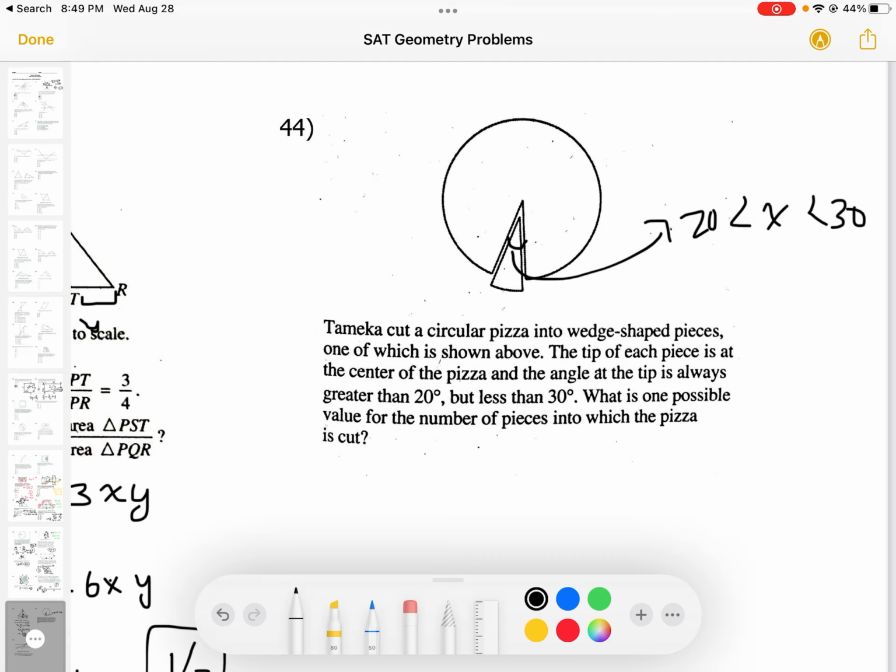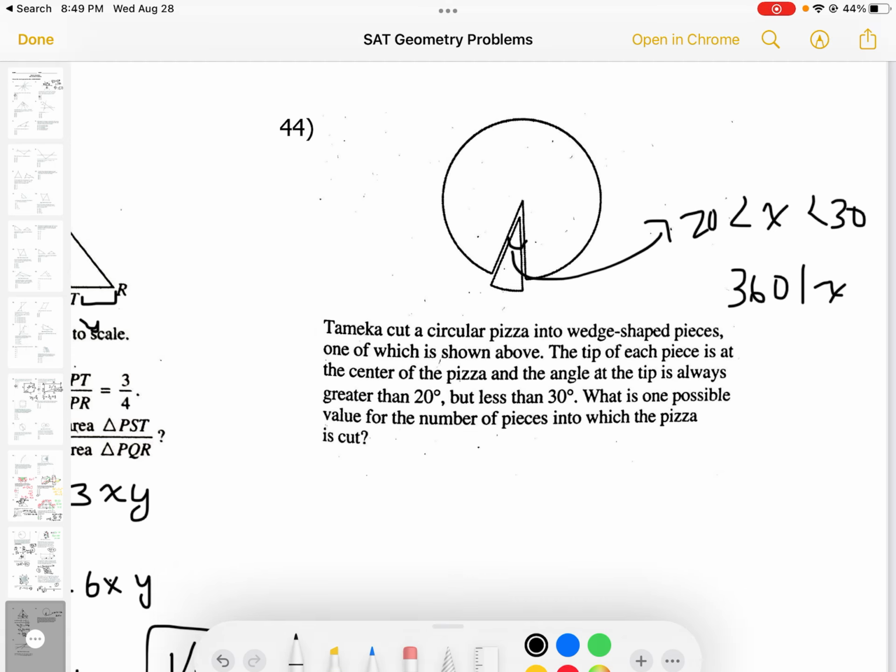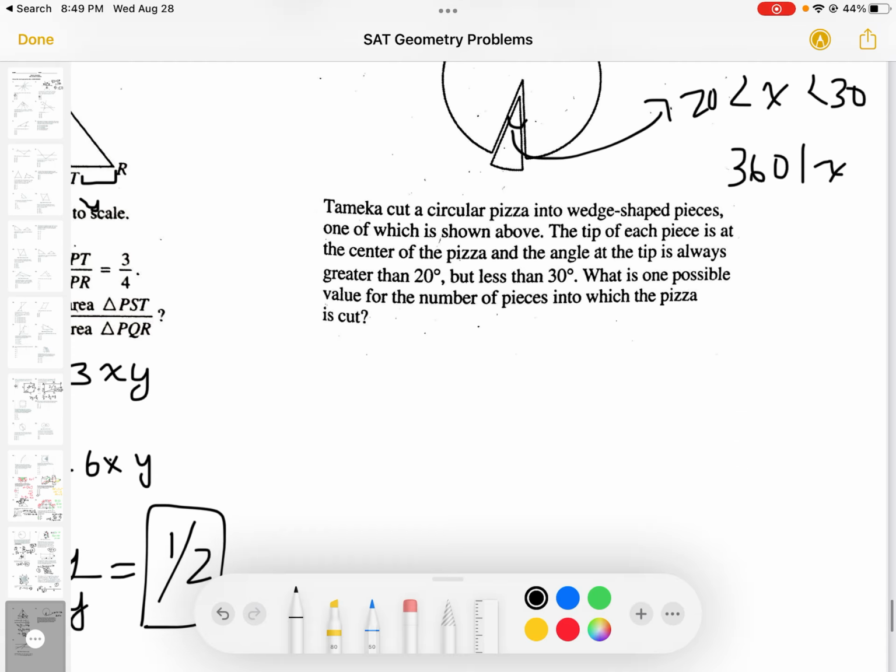But we could finish this a lot quicker if it did. So let's just say 360 is divisible by x. So let me write out the prime factorization for 360 and see if we can find a factor x between 20 and 30.